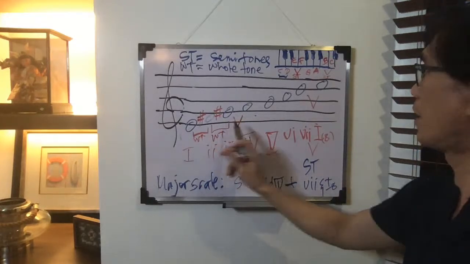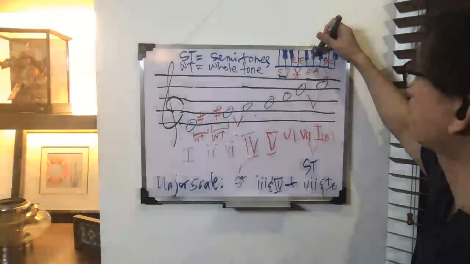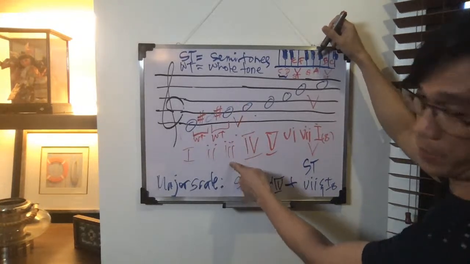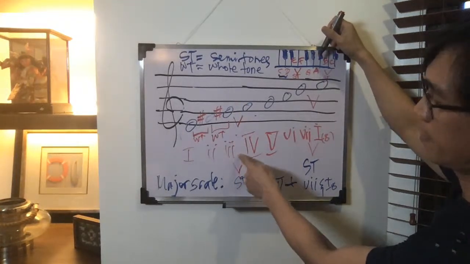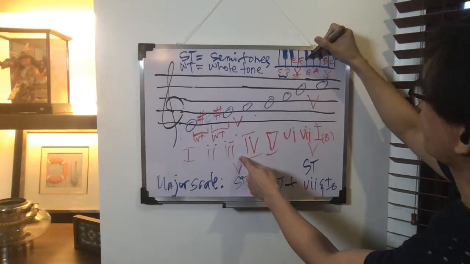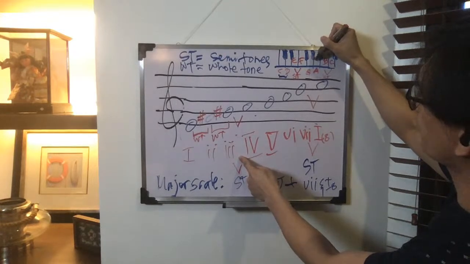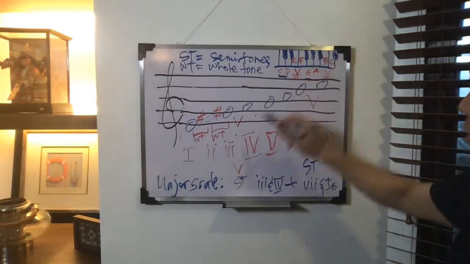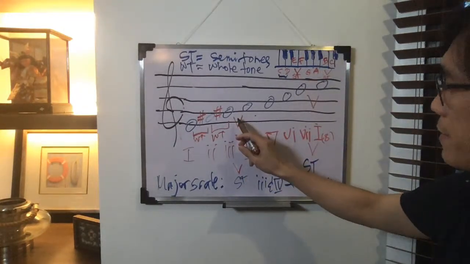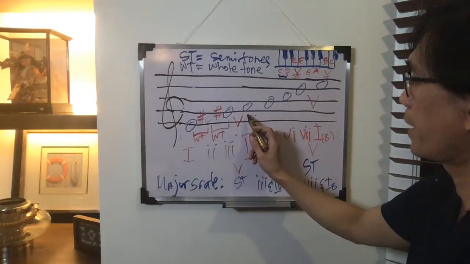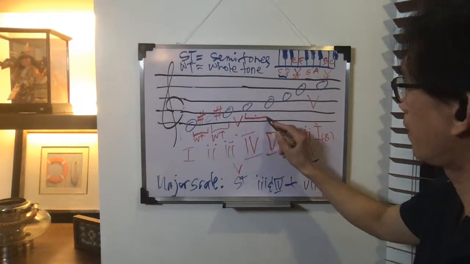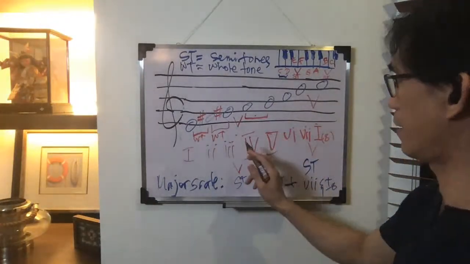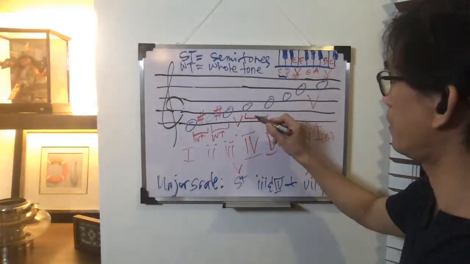Now, G sharp to A natural. The formula says it has to be a semitone. G sharp to A is only a semitone, so this is correct. Now from here to here, the formula says it has to be a whole tone interval.